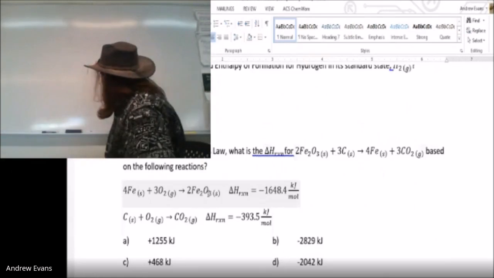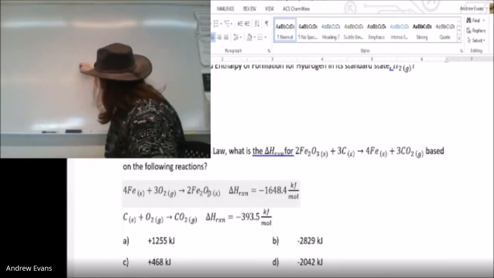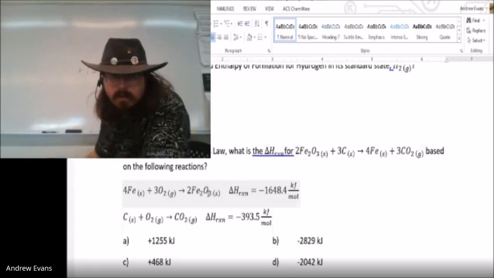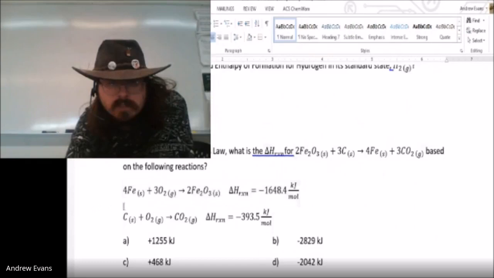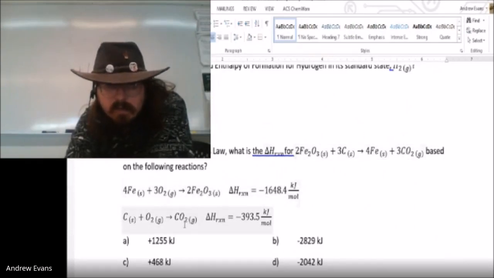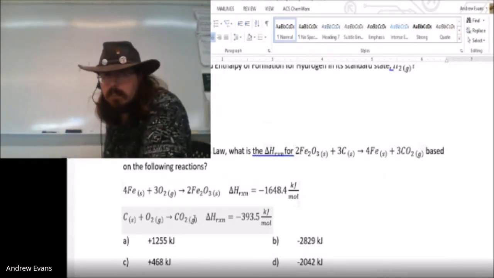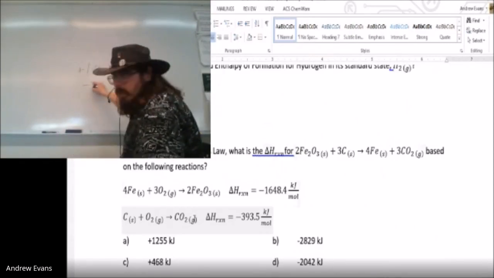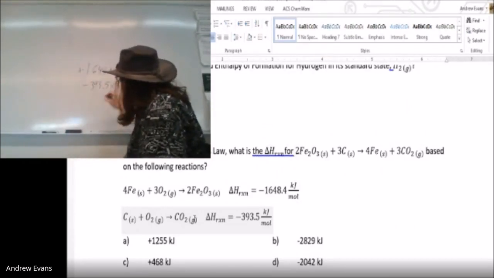So we get 1648.4. It's positive. This one has 3 carbons as a reactant, and this one has 1 carbon as a reactant. 3 carbon dioxide as a product, 1 carbon dioxide as a product. So we need to triple that whole reaction. So we'd get negative 393.5 times 3.